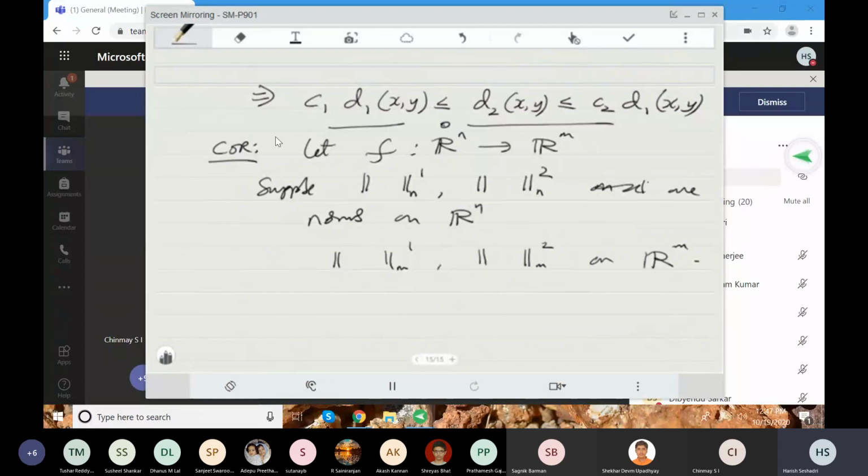Now I'll assume that these are equivalent norms on Rn and these are equivalent norms on Rm.